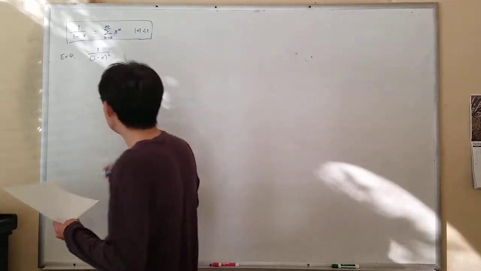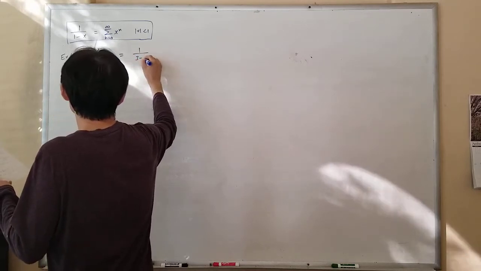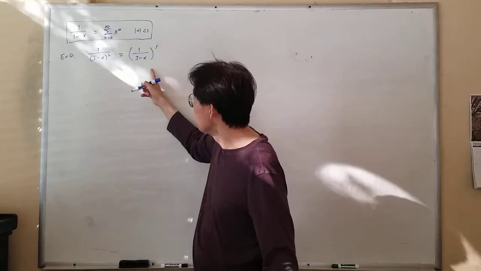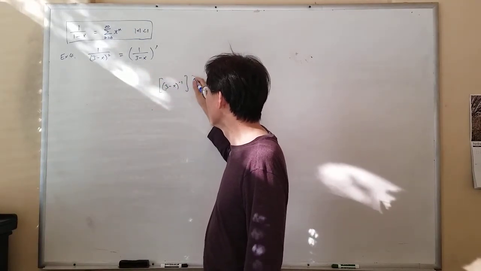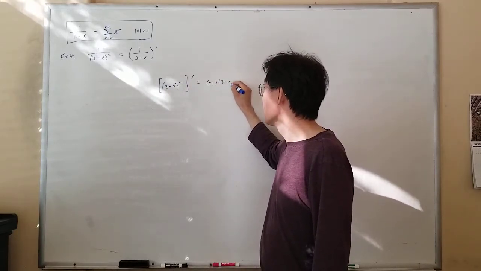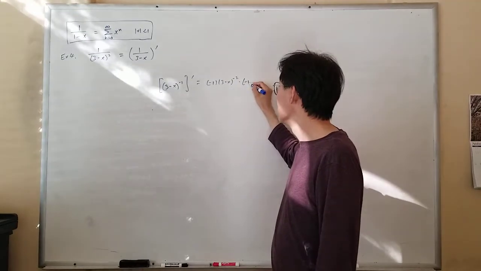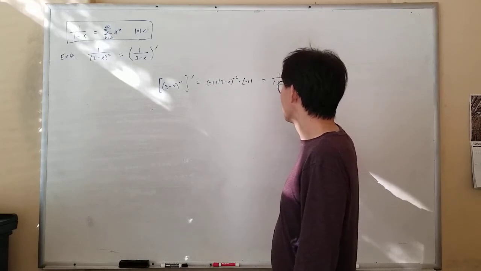However, you should recognize that this is the derivative of 1 over 3 minus x. If you take the derivative of 3 minus x to the negative 1 power, it is negative 1 times 3 minus x to the negative 2 times the derivative of the inside, negative 1. The negatives cancel, so that's precisely this.